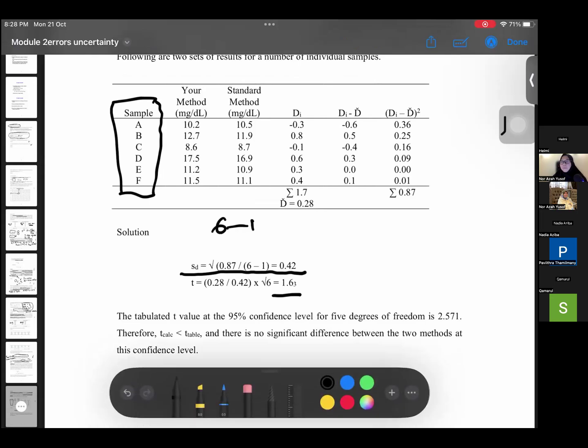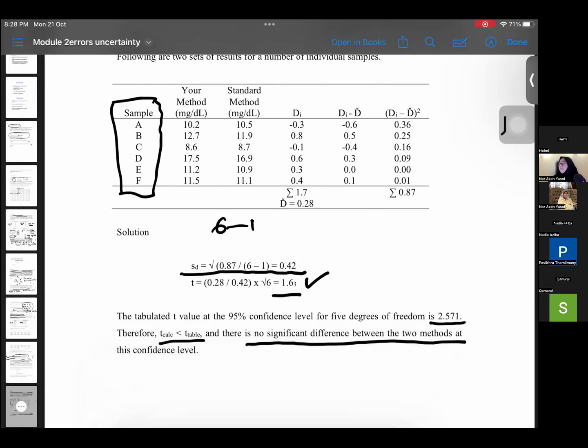In this case, you don't have to do 6 plus 6 minus 2; it is 6 minus 1. The value in the table is 2.571. So T calculated, which is 1.63, is less than 2.571. We can conclude that there is no significant difference between the two methods. There is no determinate error happening during the analysis, and it's good news for you if you are working with a new method.